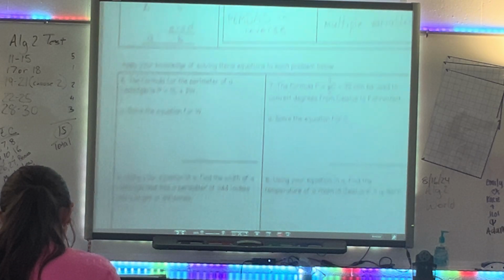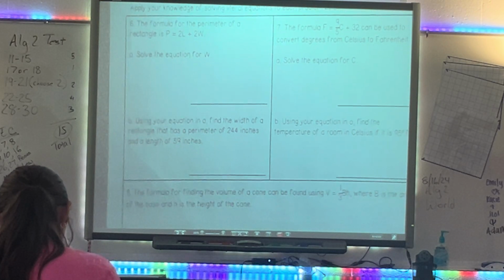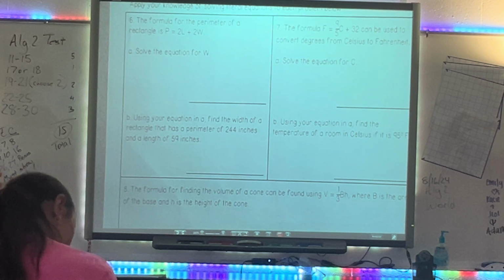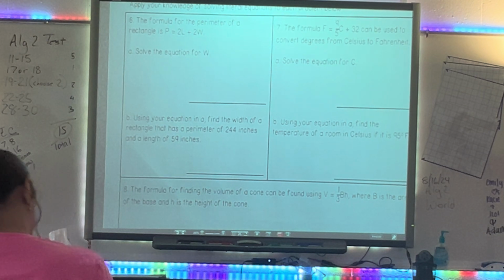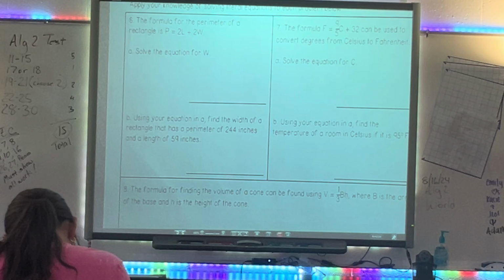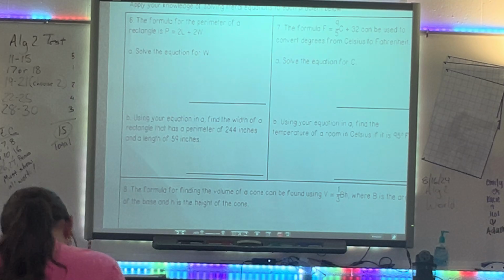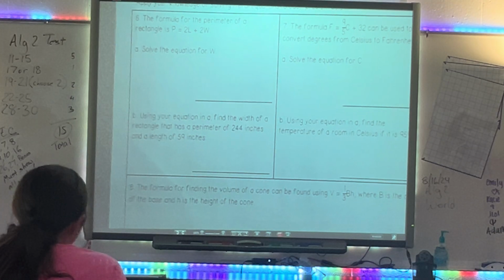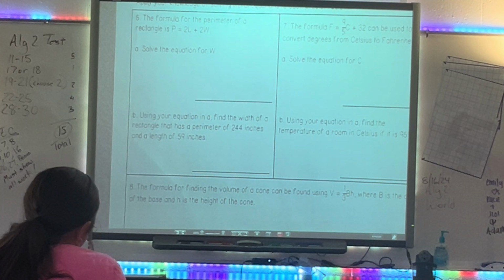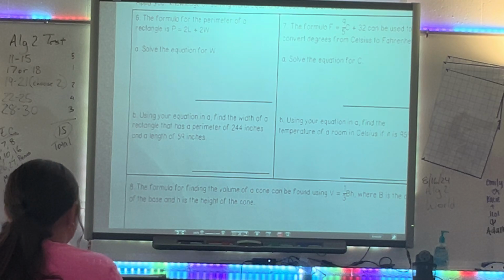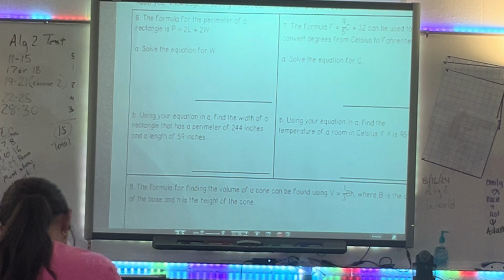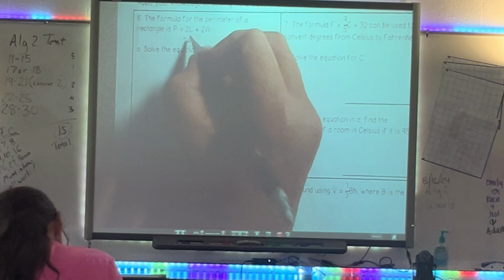Okay. Alright, so this next problem says the formula for the perimeter of a rectangle is P is equal to 2L plus 2W. You get that formula in 5th grade. They want us to solve for W. So if I'm solving for W, what do I need to move first here? The 2L. How am I moving it? I'm going to subtract the 2L to the other side.